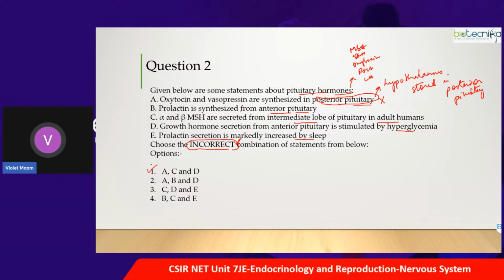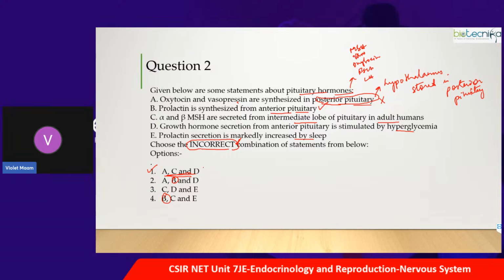Then prolactin is synthesized by anterior pituitary. Definitely B is correct. So if you know A is incorrect and B is correct, then definitely this is not the option. This is not the option because B is present, and A is the option because A is incorrect. So like that, you can find out the right answer. You need not know the other statements as well. If you know A is incorrect and B is correct, then you have one option over here: A, C, D, right?